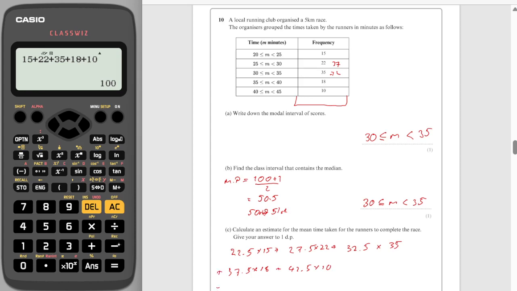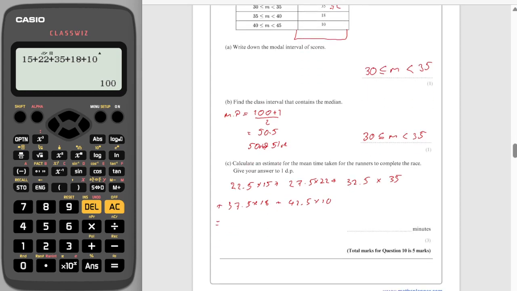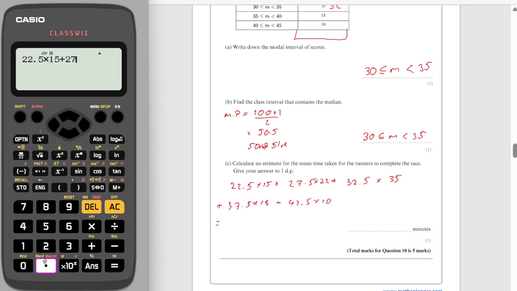So if I multiply those and add them up, that's going to give me 22.5 times 15 plus 27.5 times 22 plus 32.5 times 35 plus 37.5 times 18 plus 42.5 times 10.